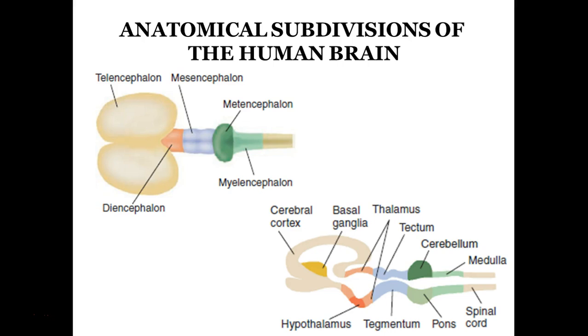Mesencephalon forms the tectum and tegmentum, part of your midbrain. Metencephalon and myelencephalon form the cerebellum, pons and medulla, the main parts of your hindbrain. So this is all about the stages of your brain development.